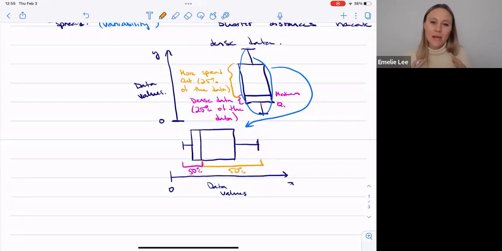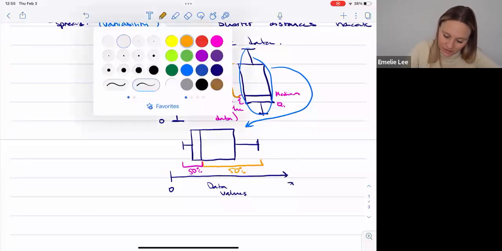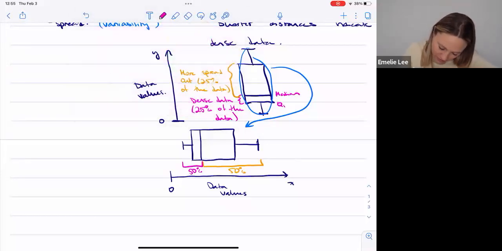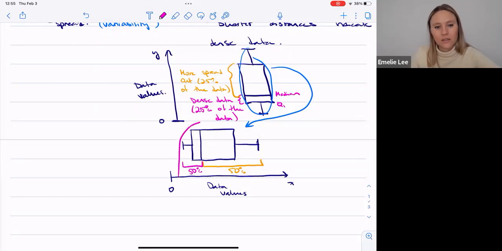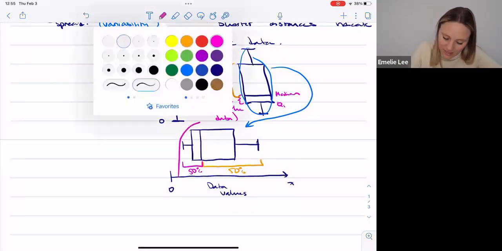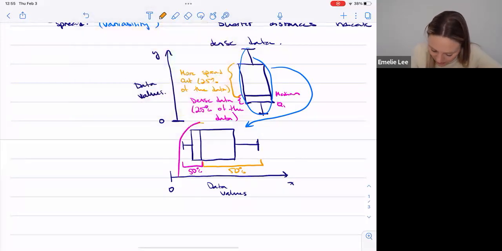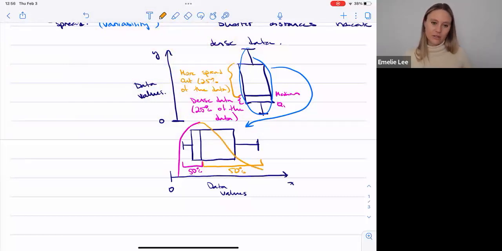So if I have to imagine that as a histogram, right, let's see if I can pull this off. I would say I have a lot here, and then I have the same percentage of data to there, if that makes sense.